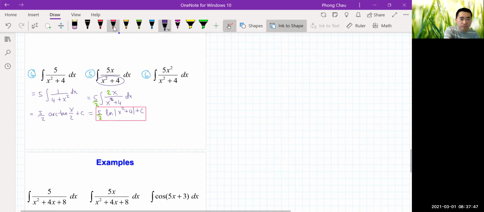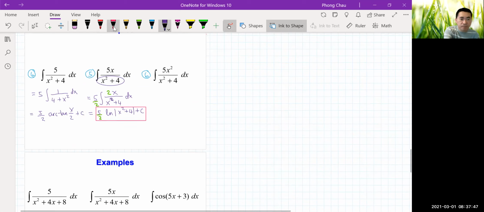Now, last one here, number 6. For number 6, you can see it looks very similar, but here it's degree 2 over degree 2. Now it's going to be very different. It cannot be the log, and it cannot be the arctangent. This one actually has 2 ways to do it.